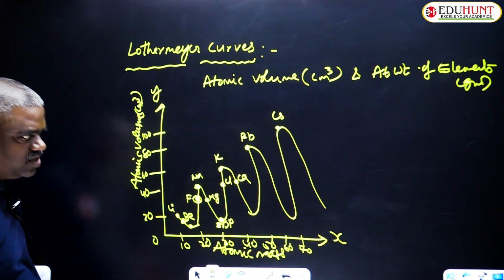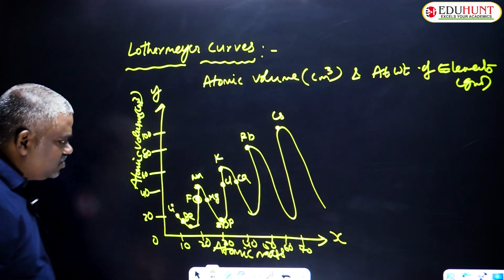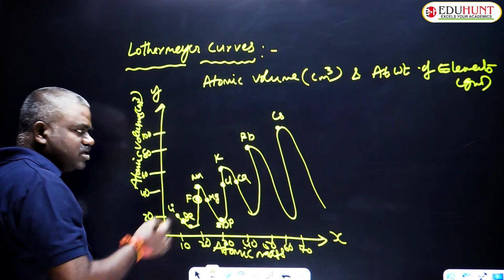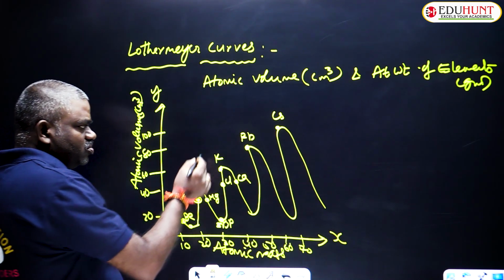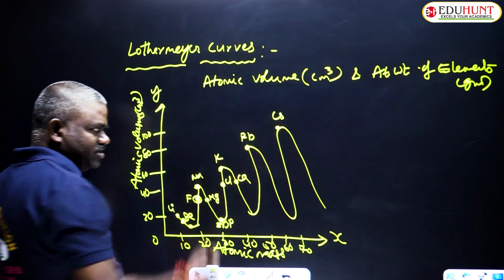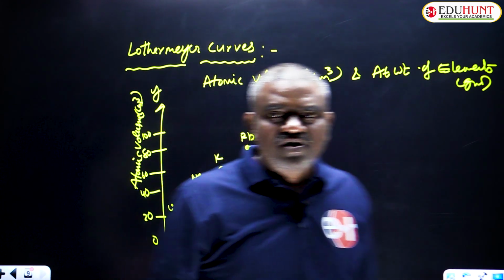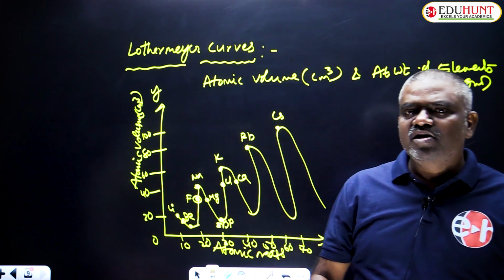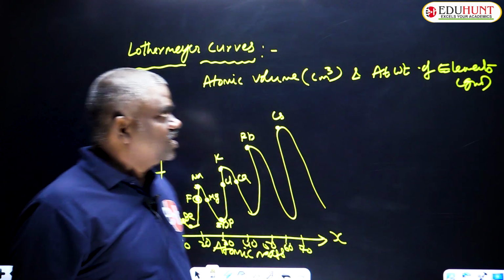So these curves are known as Lothar Meyer curves. In these curves, based on atomic volume and atomic mass, he arranged the elements. All peaks are occupied by lithium, sodium, potassium, rubidium, cesium. So the elements which occupy similar positions in the peak belong to the same group. They exhibit similar characters.